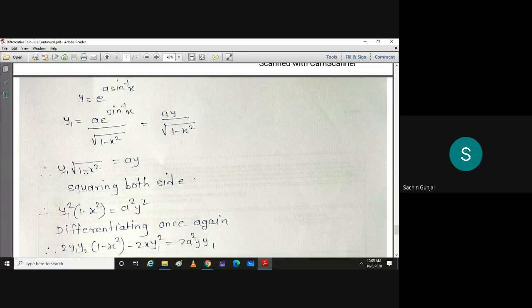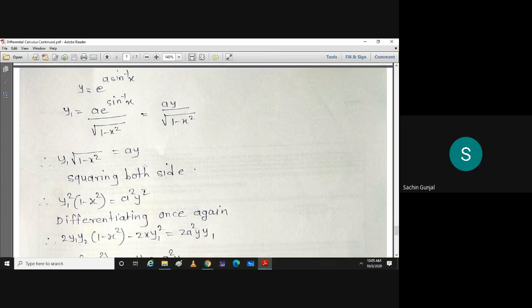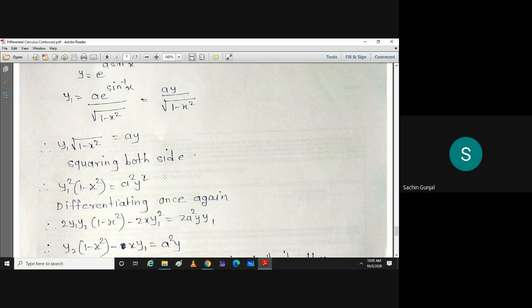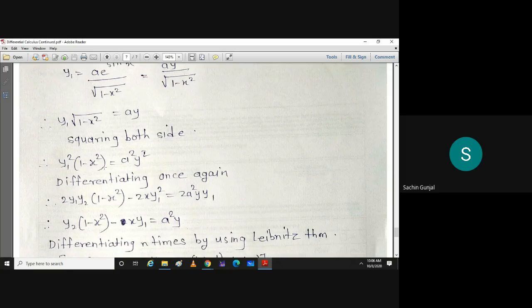Now you can differentiate this directly, or you can get rid of this square root if you want. Squaring on both sides, this will become y1 square into 1 minus x square equal to a square y square. So now you have an expression containing the first derivative. We want y2 in the picture, so let us differentiate this one more time and apply the product rule.